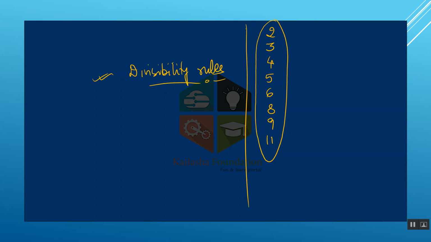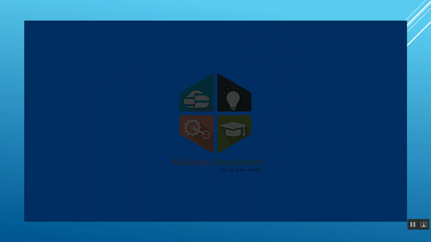So let us understand a few things. 0 is divisible by all real numbers except itself.